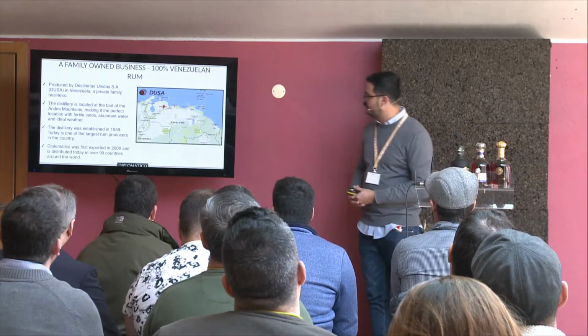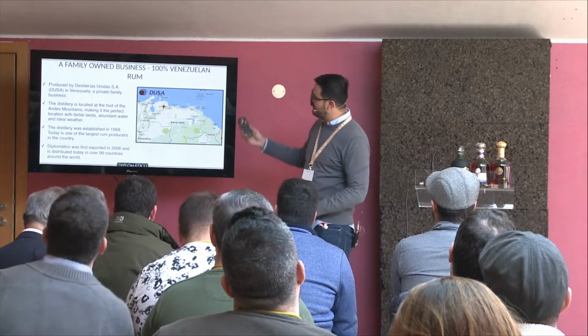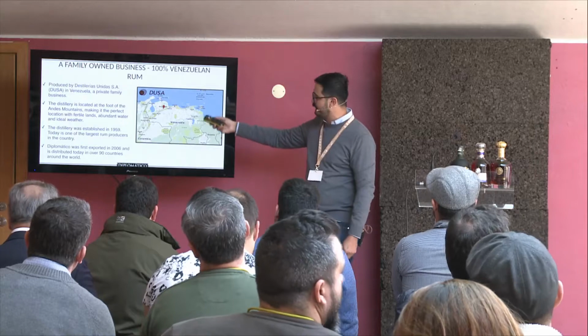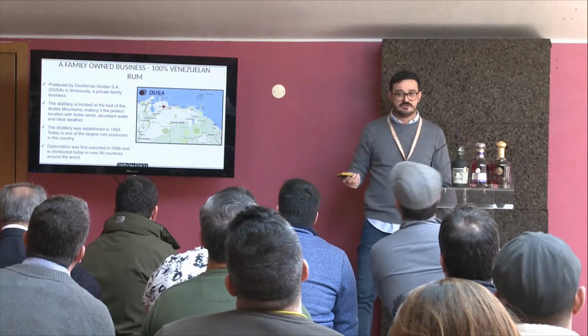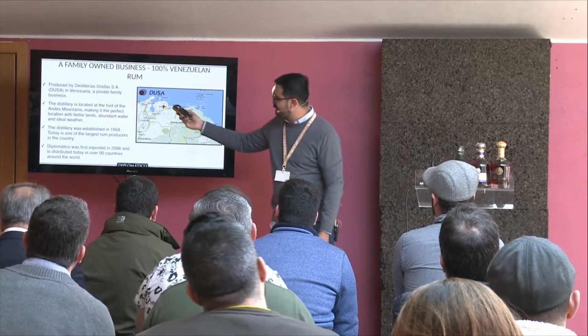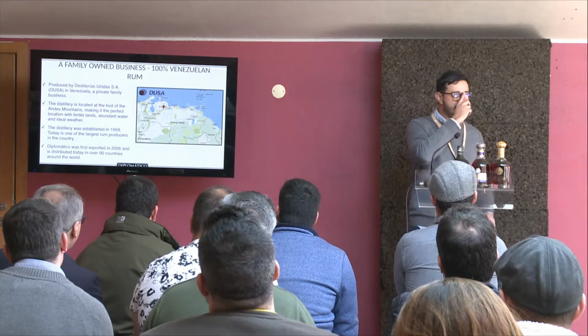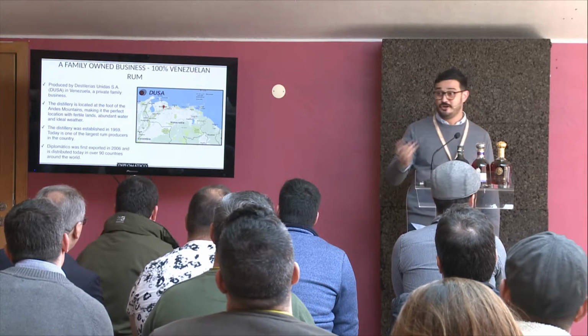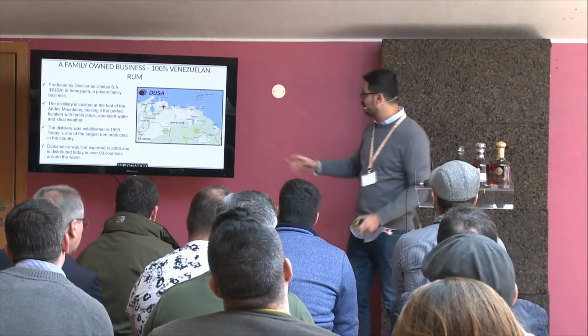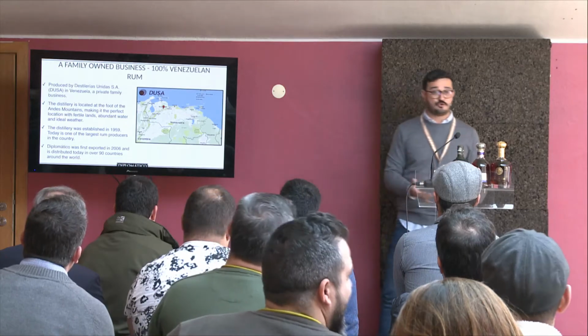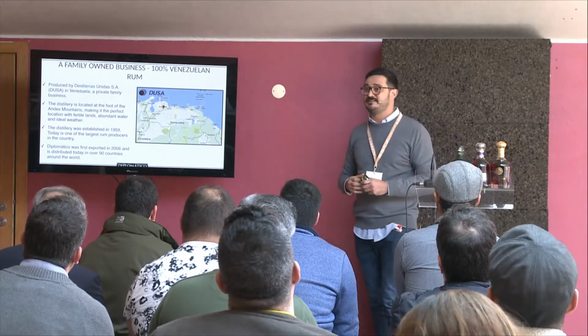For example, as I told you, our distillery is near many of the places on the map I showed you, such as Angostura and Monymusk. But Venezuela has a very privileged location, because all these islands protect the country against natural disasters, and we have a different temperature.